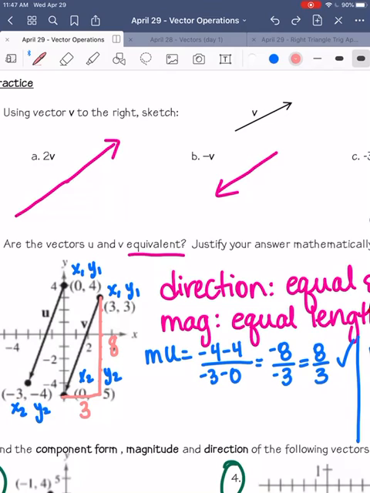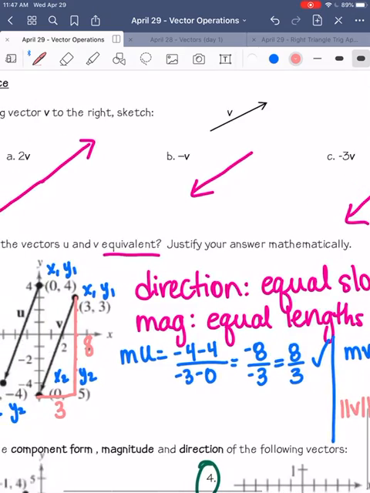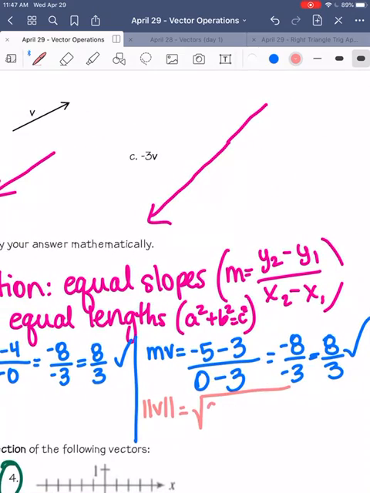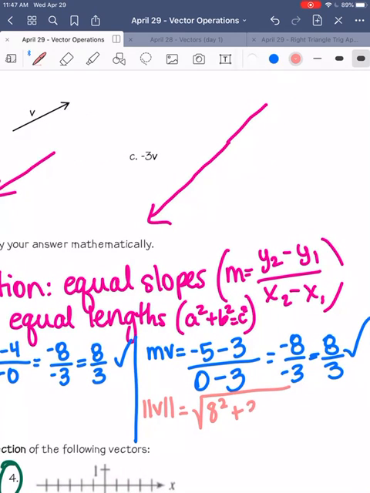Because I don't really care about the quadrant, you don't have to worry about if it's positive or negative. The reason why is because when we do the magnitude, whenever we square, whether it's a positive or a negative, does it really matter? And the answer is no, because when you square a positive or a negative, it's going to become positive.